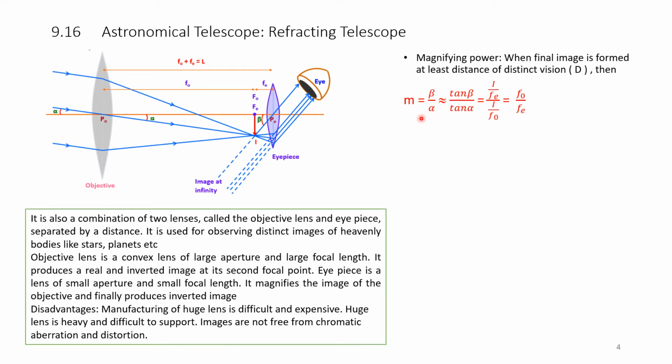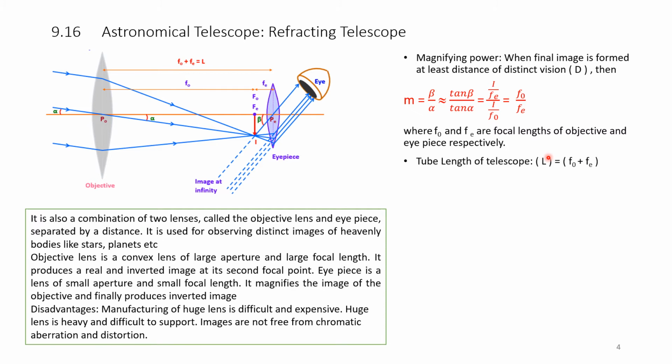Therefore, the magnifying power of a refracting telescope is F naught by Fe, where F naught and Fe are the focal lengths of the objective and eyepiece respectively. Tube length is given by F naught plus Fe, that is equal to L, as shown in this diagram. This is the tube length.